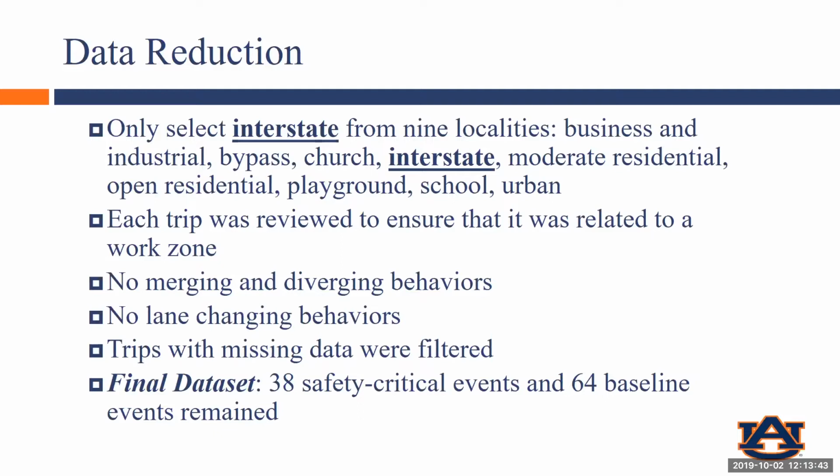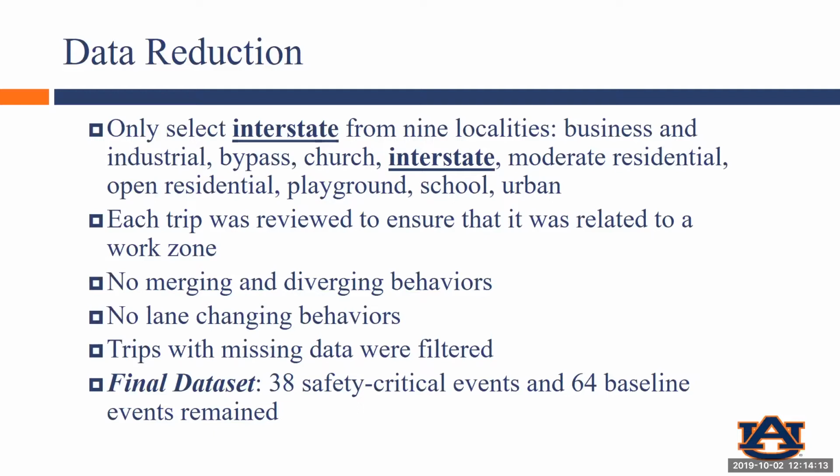Each trip was reviewed to ensure it was related to a work zone. We made sure there is a work zone the trip passes, and also that there is no merging or diverging behavior, no lane changing behavior, and trips with missing data were removed. So the final data set meeting all the requirements is 38 safety critical events and 64 baseline events for this study.